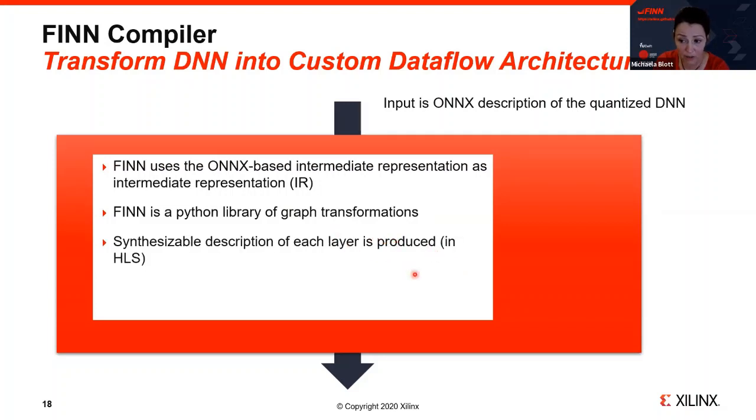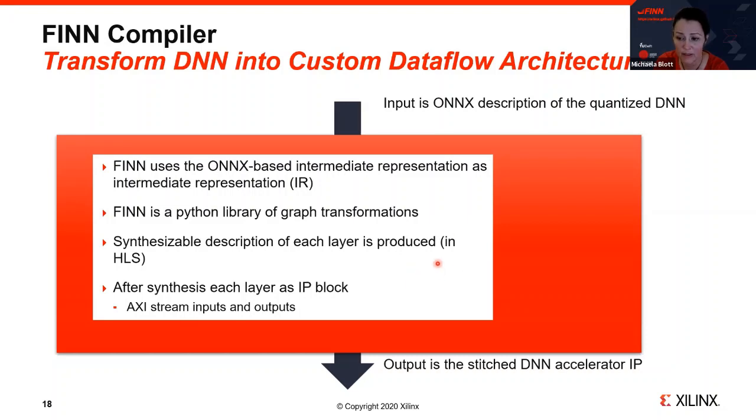This eventually generates a synthesizable description of each layer in high-level synthesis, and from this the user can generate IP blocks for each layer with AXI stream inputs and outputs. Using the AXI stream interfaces, the design can then be easily stitched together using the Vivado API, and you can create a stitched DNN accelerator IP, which is the output of the FINN compiler.